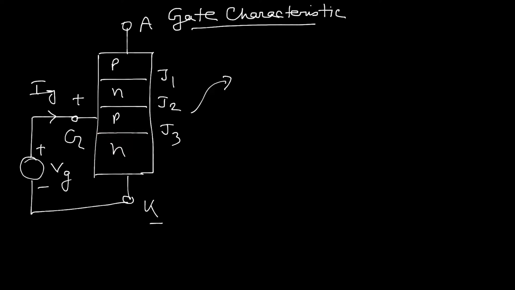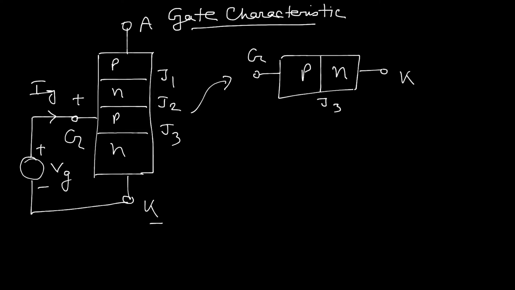That means we can draw this very clearly. It is behaving like just a PN junction diode. That is J3, and this is the gate terminal, and this is the cathode.